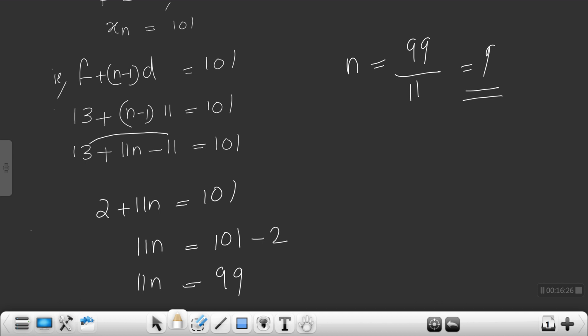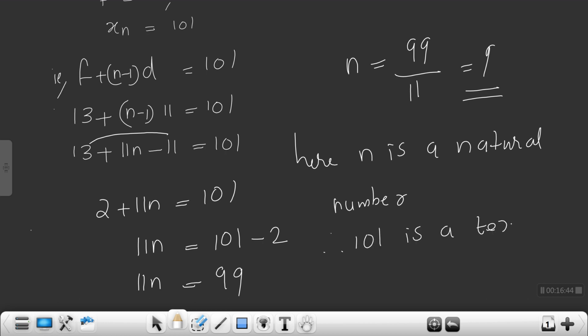Here n is a natural number. Therefore 101 is a term of this sequence.